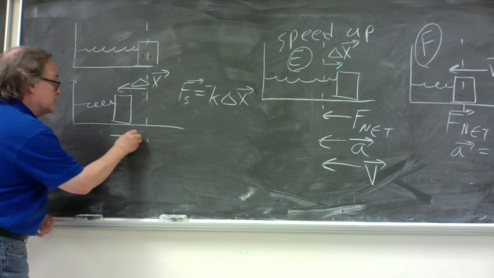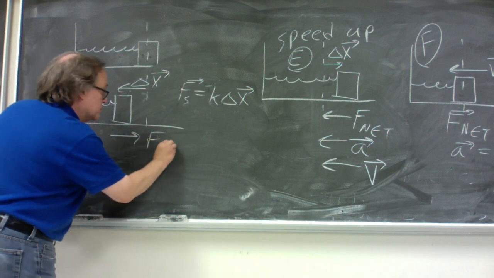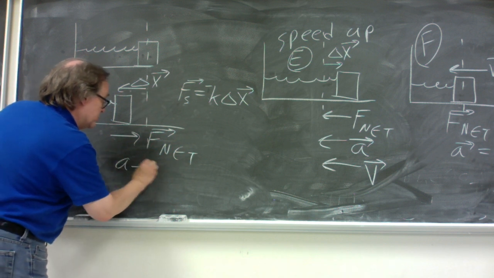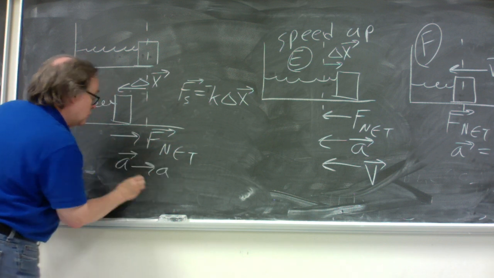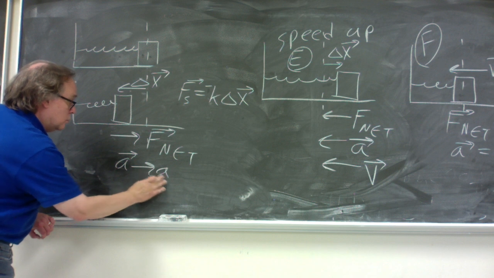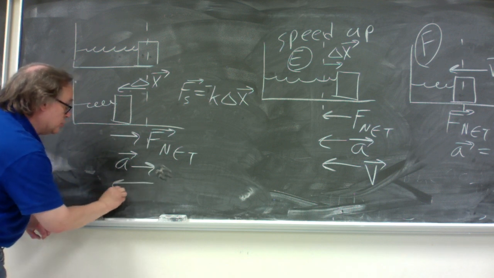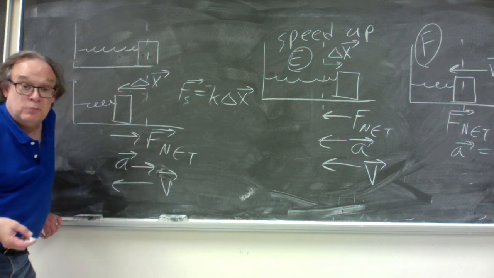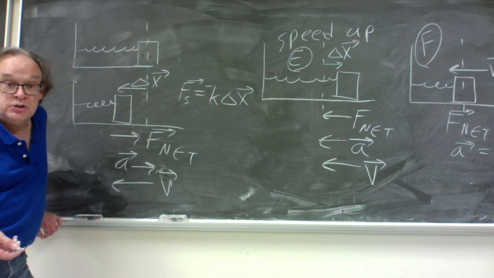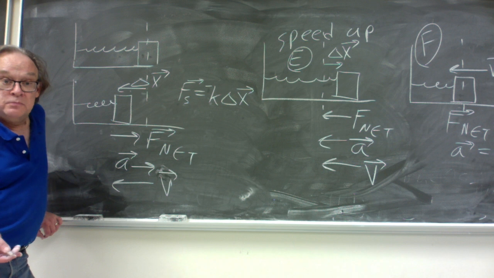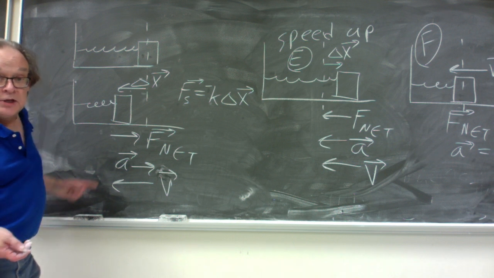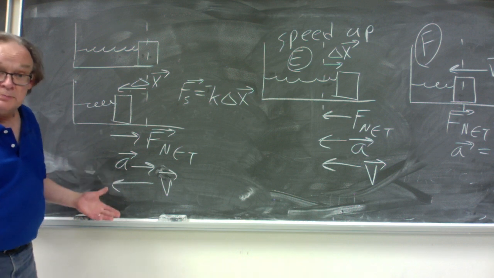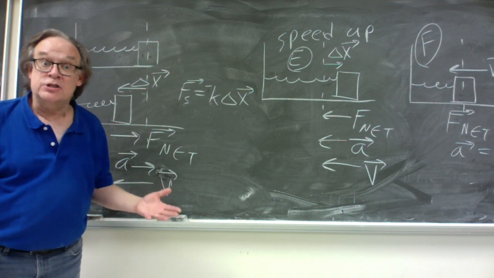So the spring force is to the right, so the net force is to the right. So there's acceleration to the right, while the direction of motion, the direction of the velocity, is to the left. And as we've seen before, whenever acceleration and velocity point in opposite directions, that always means the object is slowing down.